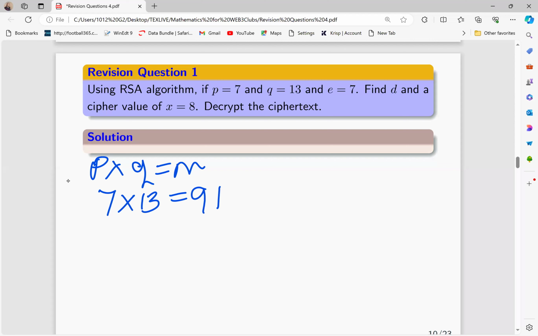So we have M. Next step, we get phi of M, which is equal to P minus 1 multiplied by Q minus 1, because both numbers are prime numbers.